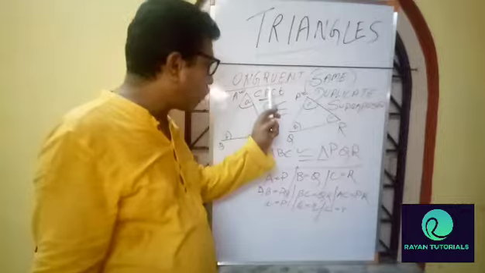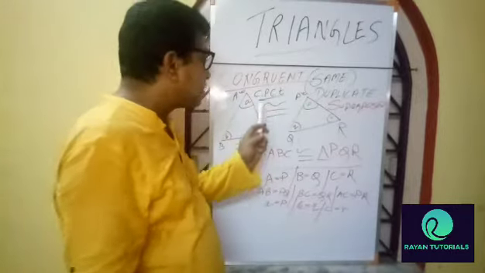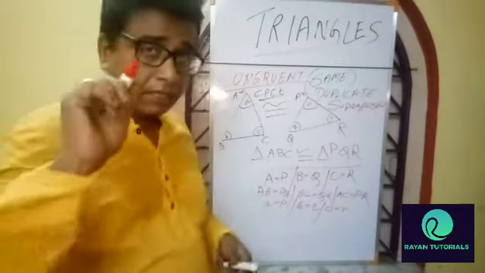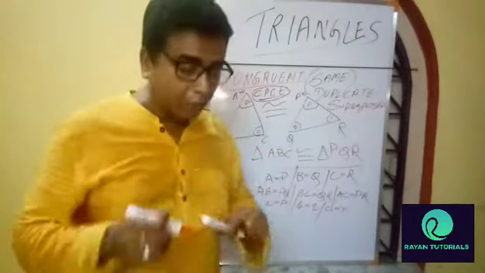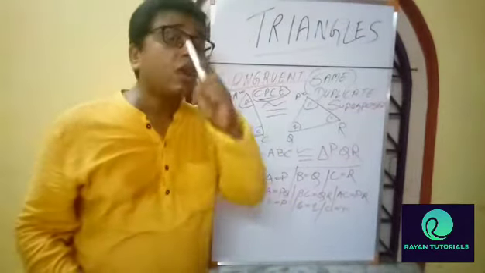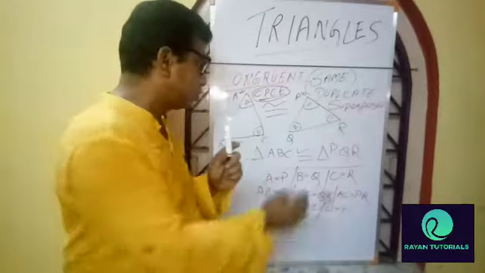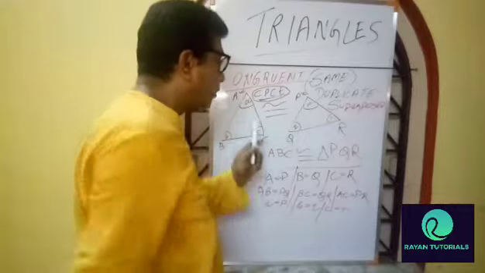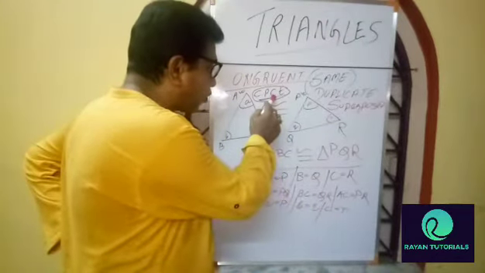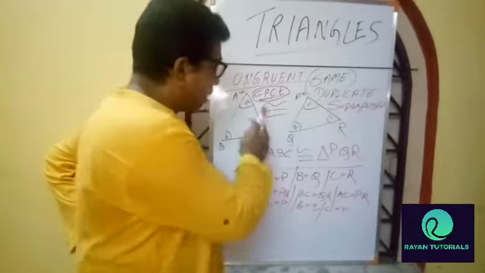So CPCT is corresponding parts of a congruent triangle. Listen carefully. This you can only use when you have already proved that these two triangles are congruent, because this is only for congruent triangles.